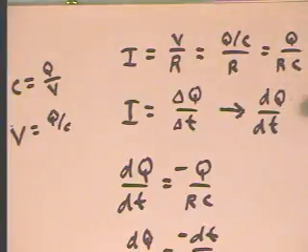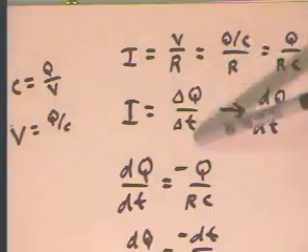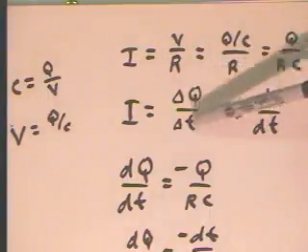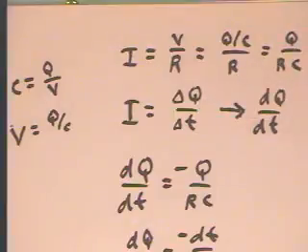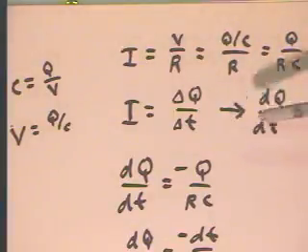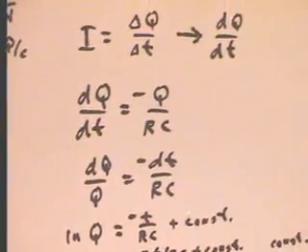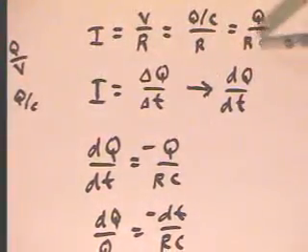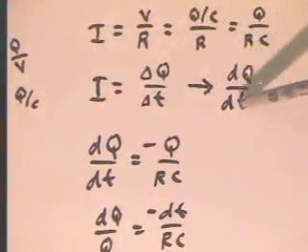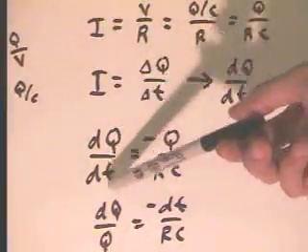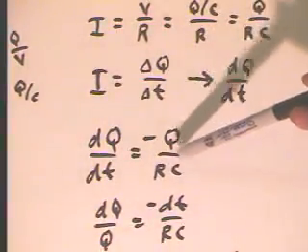University physics students will understand this, college physics students will understand this, and principles of physics students should understand this delta Q over delta T idea also. From here on, it gets maybe just a little mysterious for anybody but the university physics students. But since, remember, I is the same as Q over RC, and I is dQ over dt, we can certainly write dQ over dt equals Q over RC.